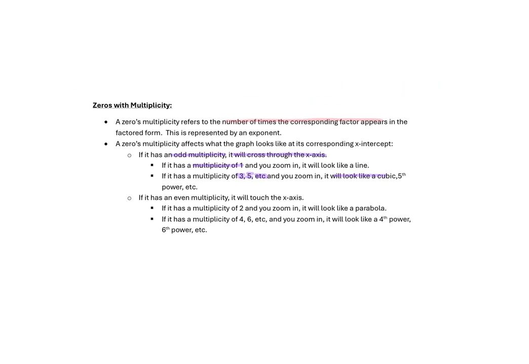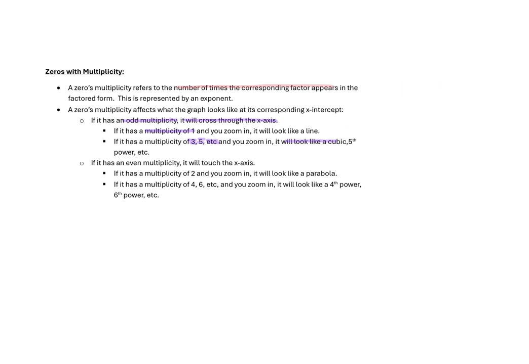Okay, so just a reminder, what we're talking about when we mention these is, for instance, if a factor has a multiplicity of 1, when we zoom in, it's basically going to look like a line near that x-intercept.